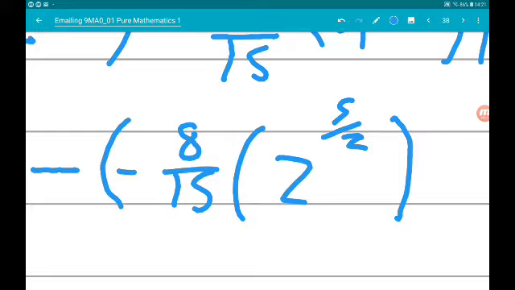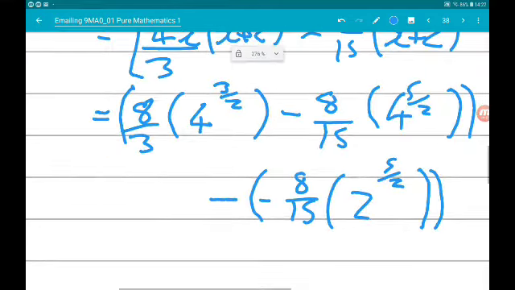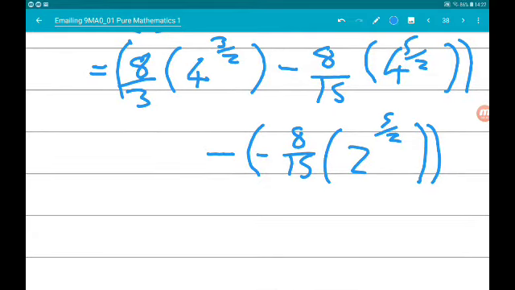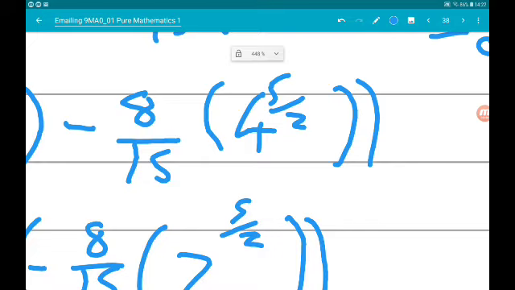Okay, so let's see now then. So we've got 8/3 times 4 to the 3 halves. 4 to the 3 halves is 4 square rooted, 2, and then cubed. So that's going to give us 8. So we got 8/3 times 8, it's going to give us 64/3 minus, now 4 to the 5 halves is 4 square rooted, so 2 to the power of 5, which is 32.